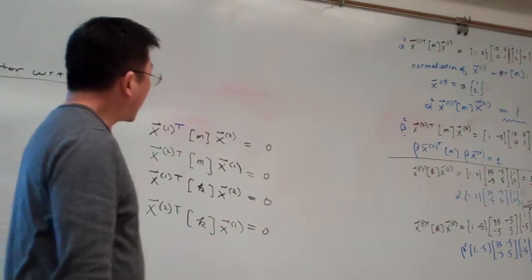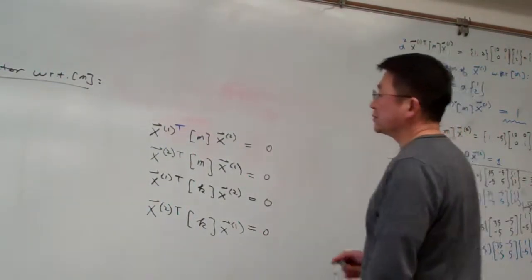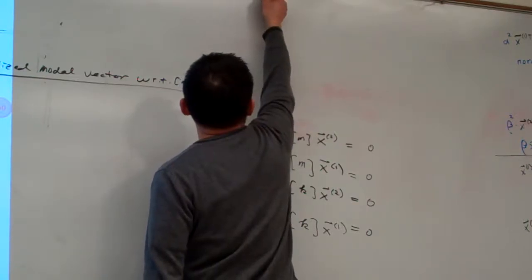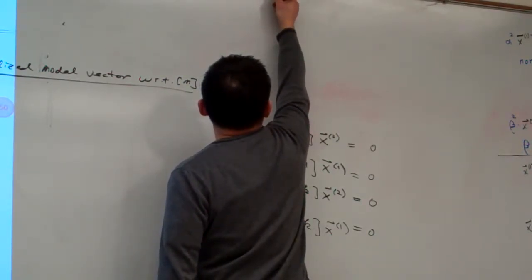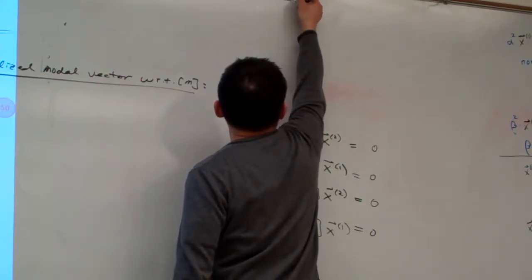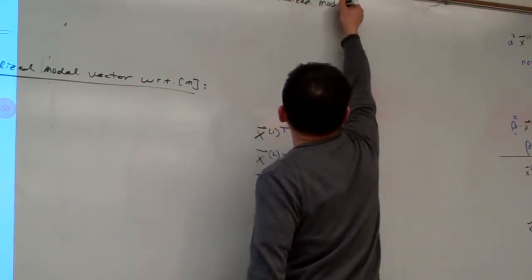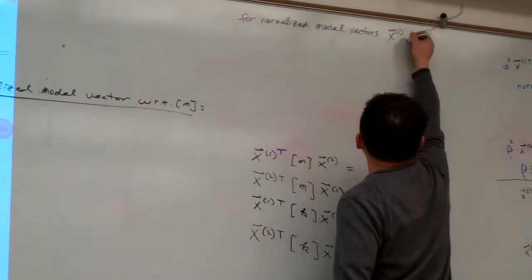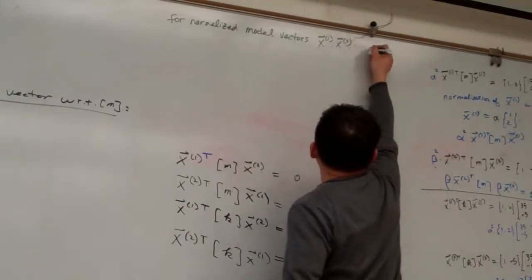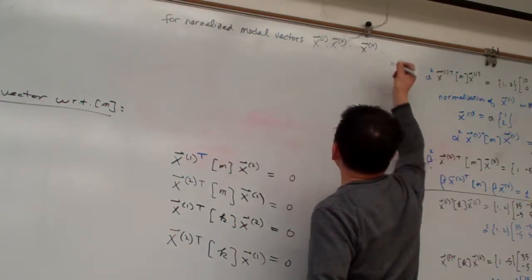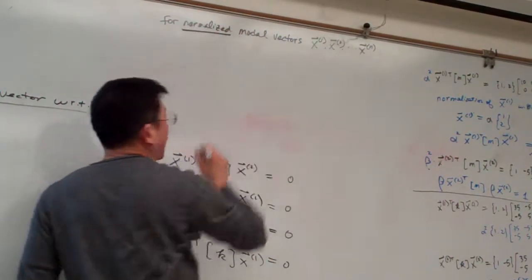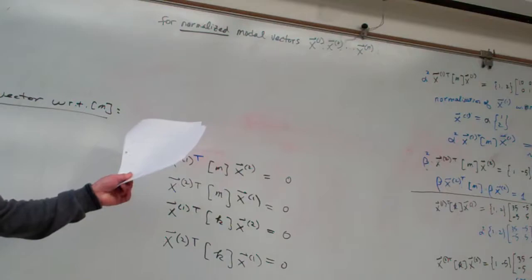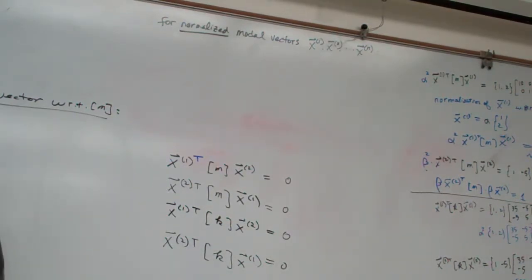Let me take the normalized vectors, say, normalize each modal vector x1, x2, up to xn. From this moment onward, if I don't emphasize otherwise, you should bear in mind the normalization is with respect to the M matrix. That's a common exercise.